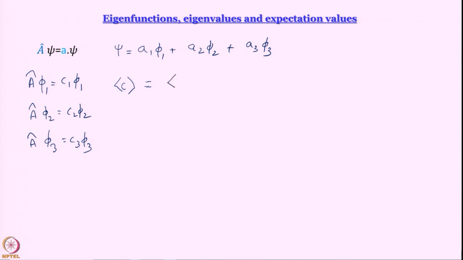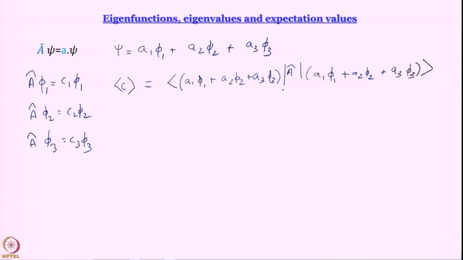So, that is going to be integral, and I hope you remember this Dirac notation, A1 phi 1 plus A2 phi 2 plus A3 phi 3, then A hat operating on this. The second vertical line is absolutely not necessary, it is just written so that it looks a little better. A1 phi 1 plus A2 phi 2 plus A3 phi 3.